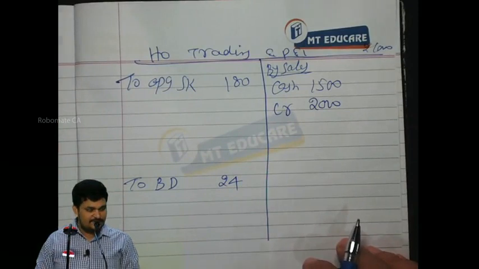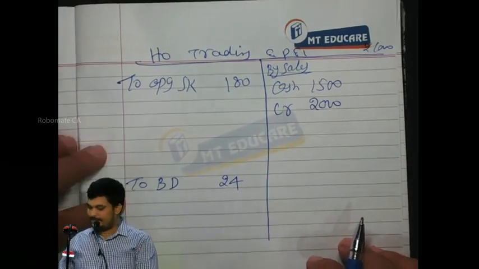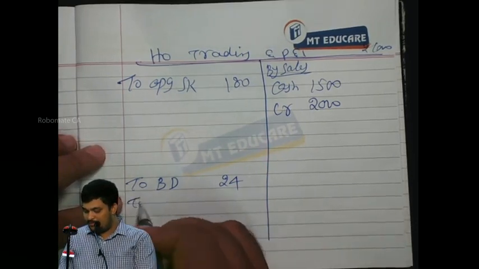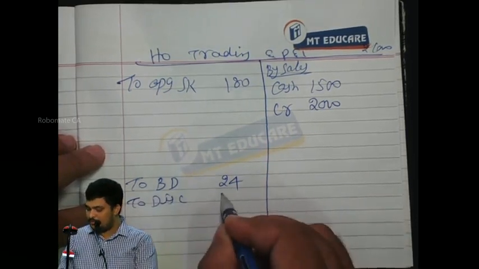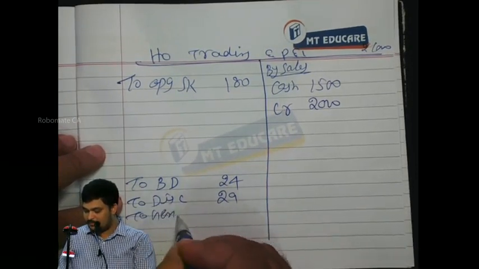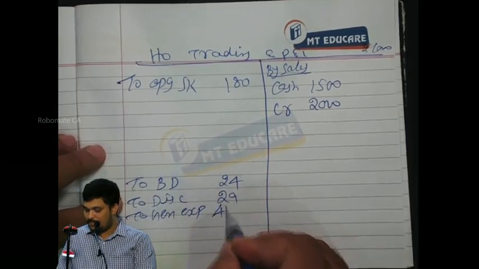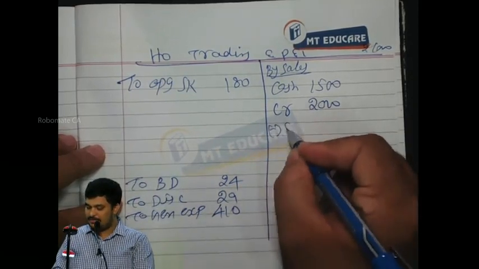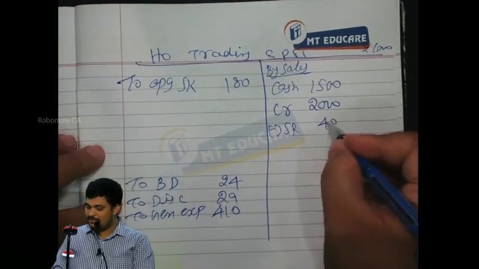Directly we are posting credit sales 2000. Next. No, let me take one by discount. To discount 29, to general expenses. Next. Goods returned by customers: sales returns. How much? 40.